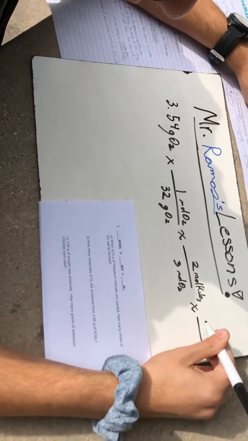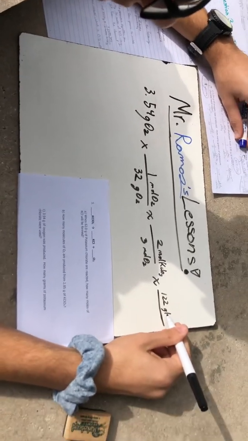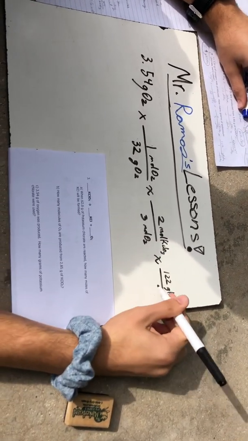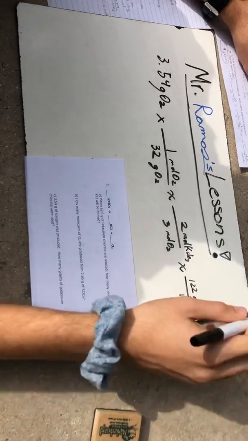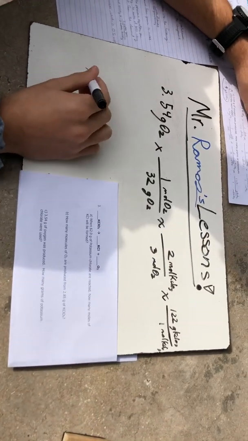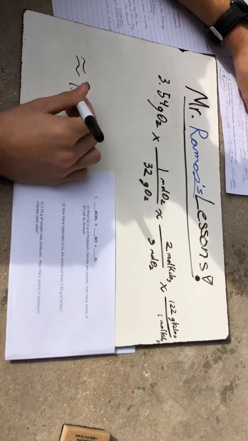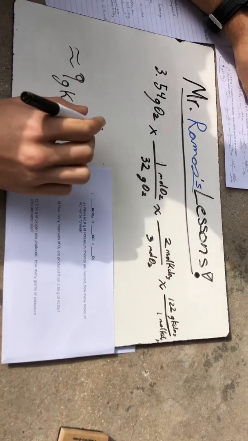We know from earlier the molar mass of potassium chlorate is 122 grams KClO3 over 1 mole of KClO3. Once we plug all of this into our calculator, we get the final answer of roughly 9 grams of potassium chlorate. And that's our answer.